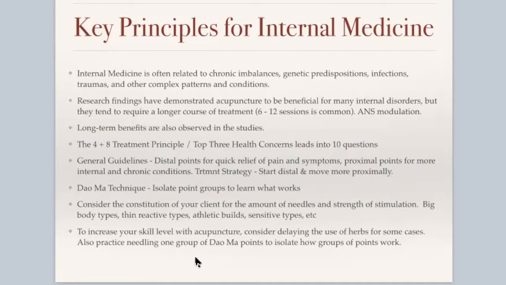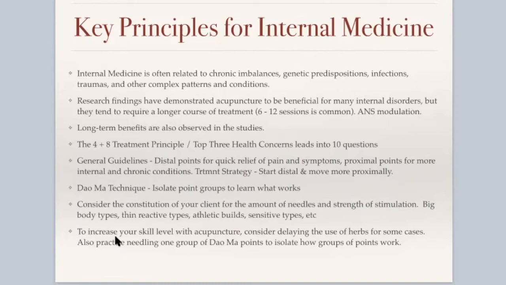And even though she was a thin and reactive body type, I would do 12 or 15 needles, not because I needed to, but that's just what she liked and how she responded. So it helps to understand the body type. Athletic builds too, they tend to require stronger stimulation. Sensitive types, we've talked about that.